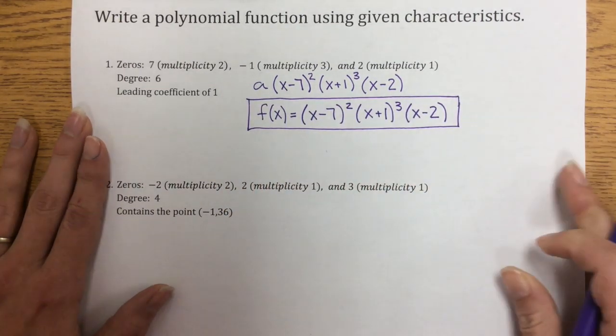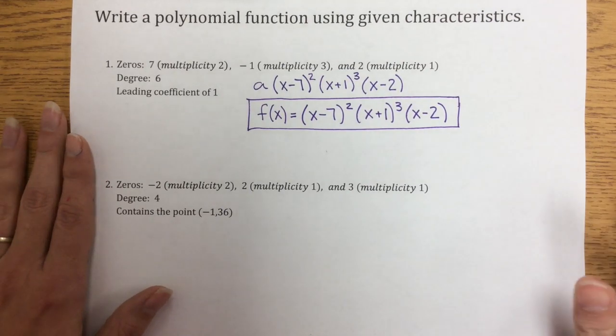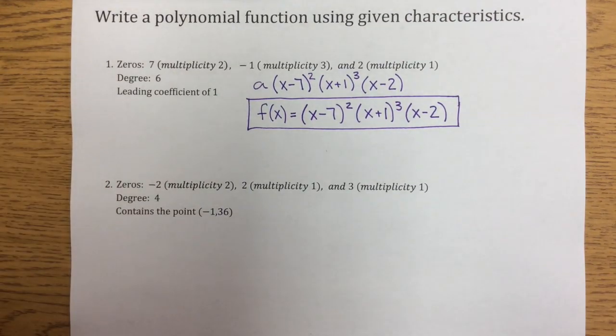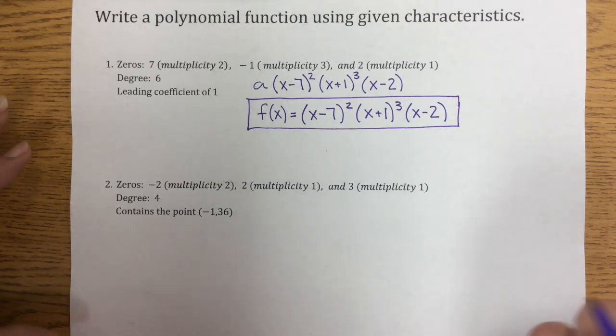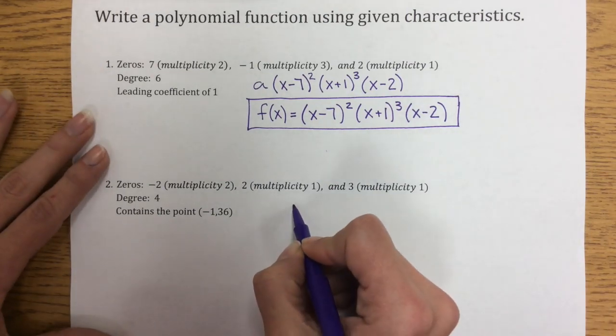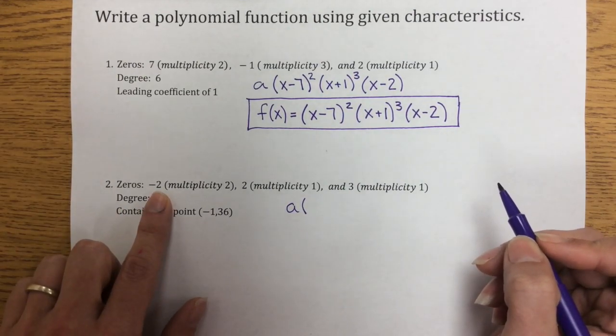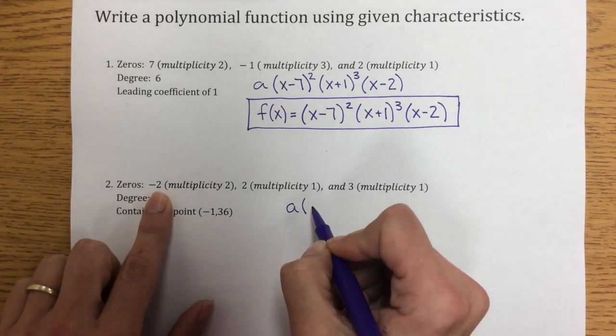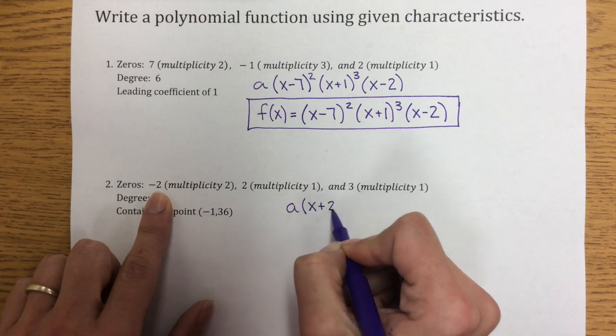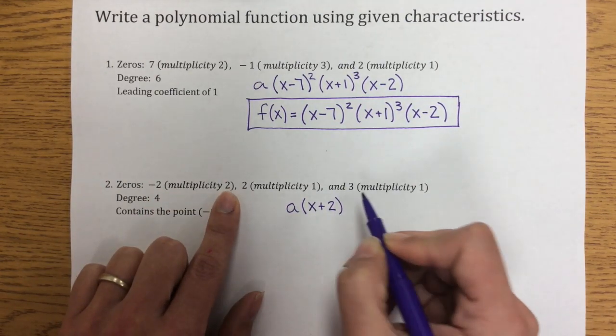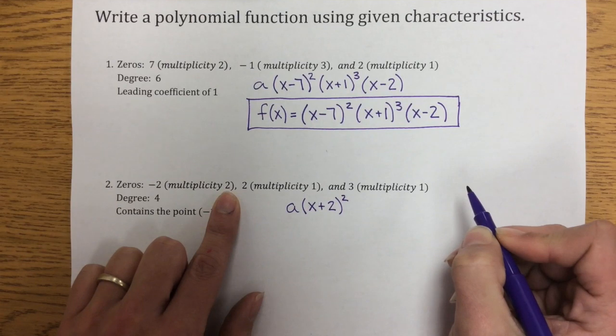Now on example number 2, they give us a point and not the leading coefficient. So we'll have to do a little bit more work, but we'll set it up in the same way. We'll start off in the form that all solutions should have, and that would be a times, we'll turn negative 2 into its factor, so that would be (x plus 2) with a multiplicity of 2, so that'll be the exponent.